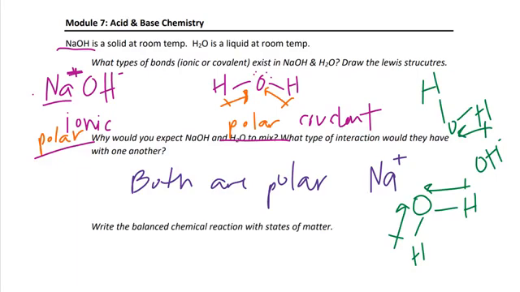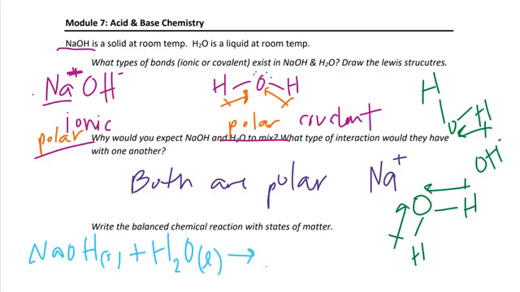So that's our interaction. And so the balanced chemical reaction with our states of matter, when we write this out, we're going to have NaOH, which we said was a solid, plus H2O as a liquid. And then what's happening here, oh, and I forgot my Cl. There's no Cl, sorry, it's sodium hydroxide.